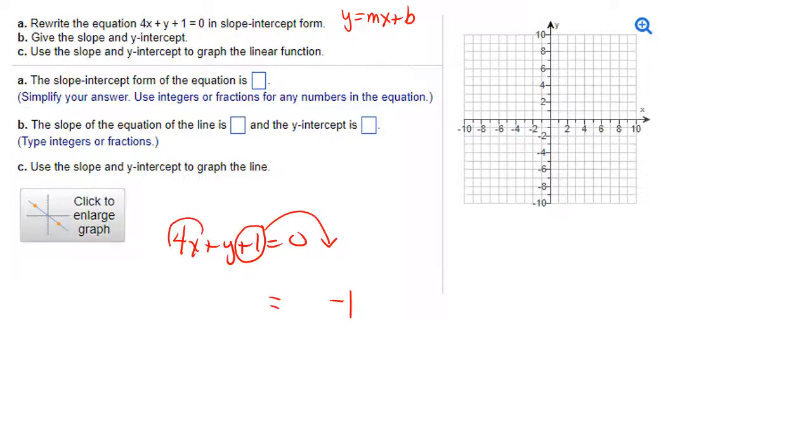I will then take the 4x, move that over with subtraction, and that will leave the y. So when I solve this for y, I will get -4x minus 1. That is the answer. Y equals -4x minus 1.